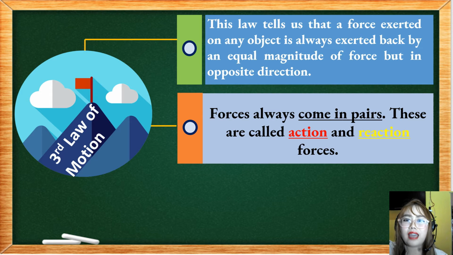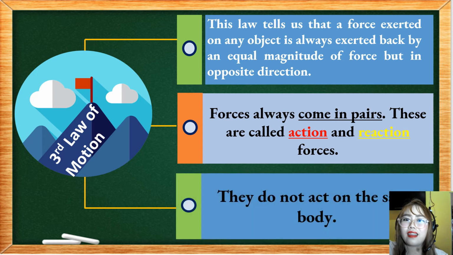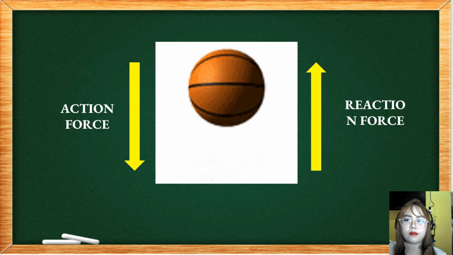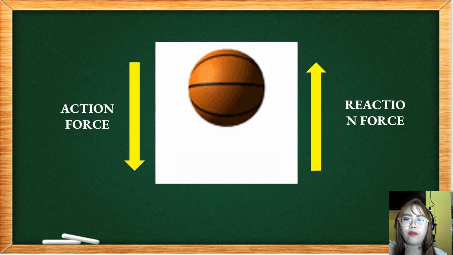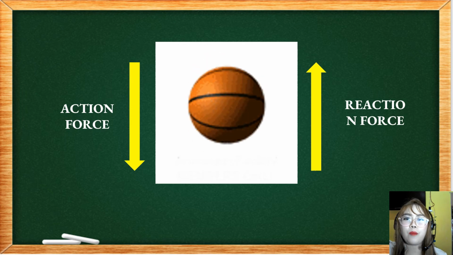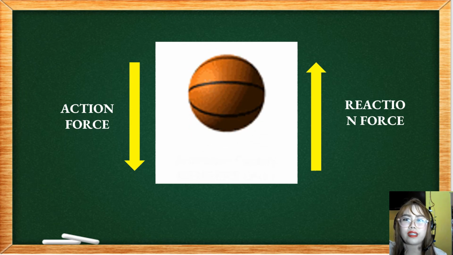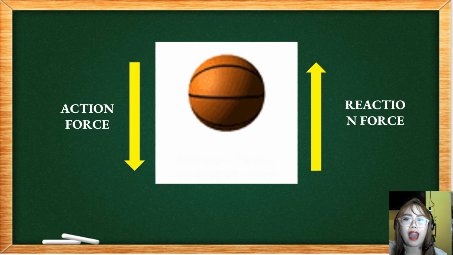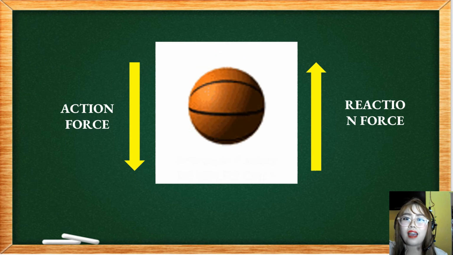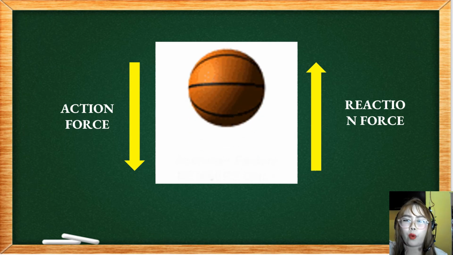These are called action and reaction forces, and they do not act on the same body. In determining the action and reaction forces, you should be able to identify first the action that requires force, and then identify the reaction force that counteracts the action force.